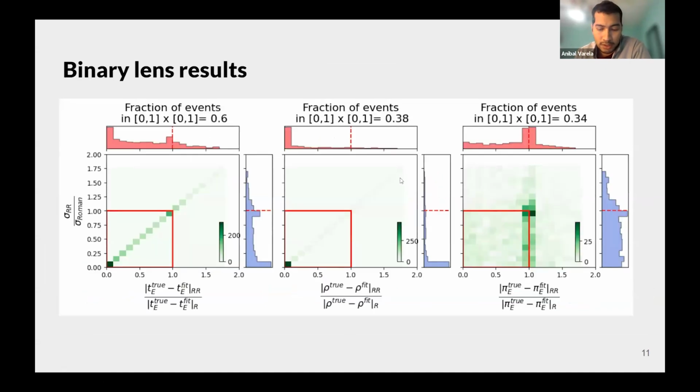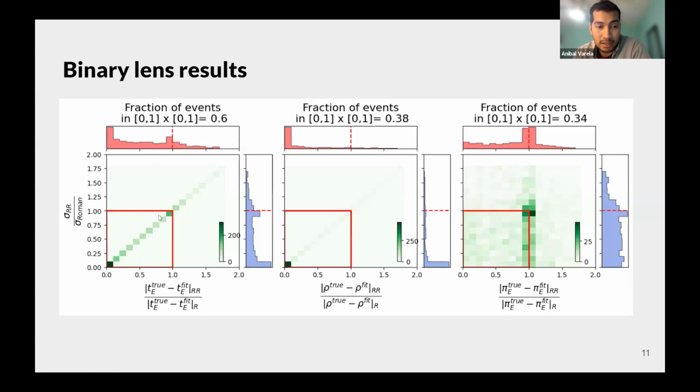To understand what the improvement of this data combination is, we use metrics like the ratio between the uncertainties of the parameters obtained from the fits, and the ratio of the bias of the microlensing parameters obtained from the fit of the light curves.